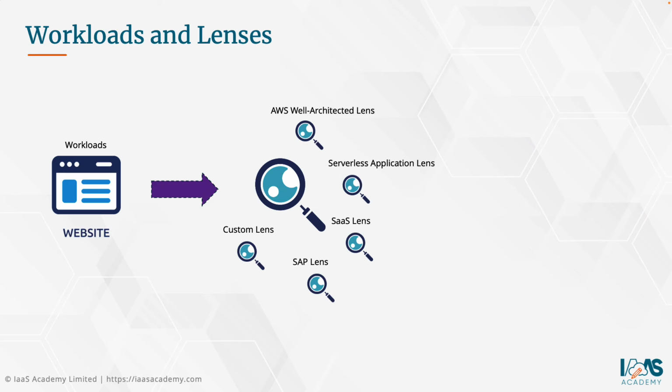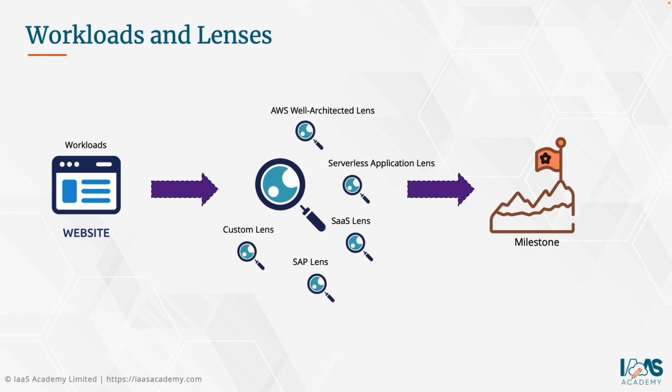Once you've applied your lens to a workload, you can create what's then called a milestone. Now, a milestone is simply a state of a workload at a particular point in time. You can save this milestone after your initial analysis against those lenses, and you can change your workloads and their configuration based on the improvement recommendations of those lenses so that you upscale your workloads to be aligned with those best practices.